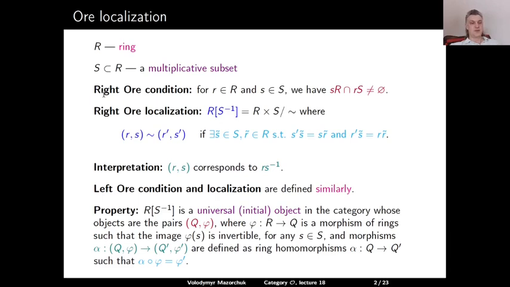A morphism from the pair (Q, phi) to the pair (Q', phi') is a ring homomorphism alpha from Q to Q' such that alpha composition with phi is equal to phi'.